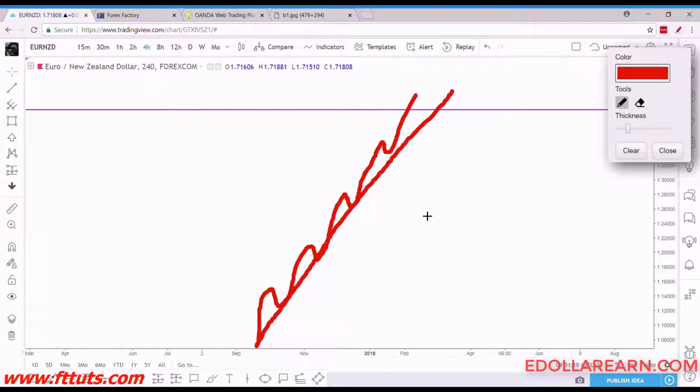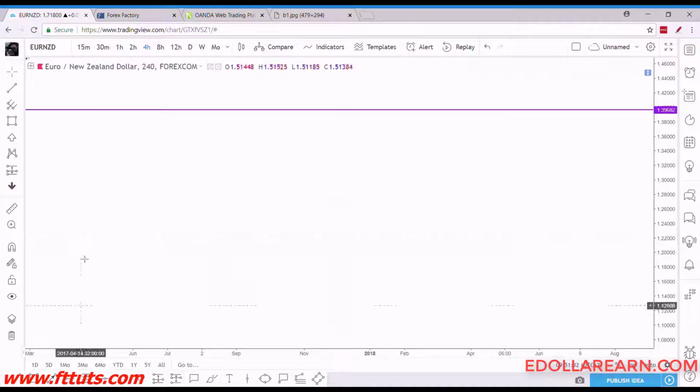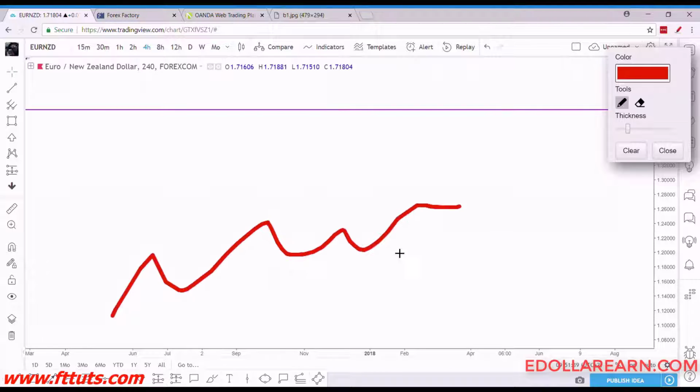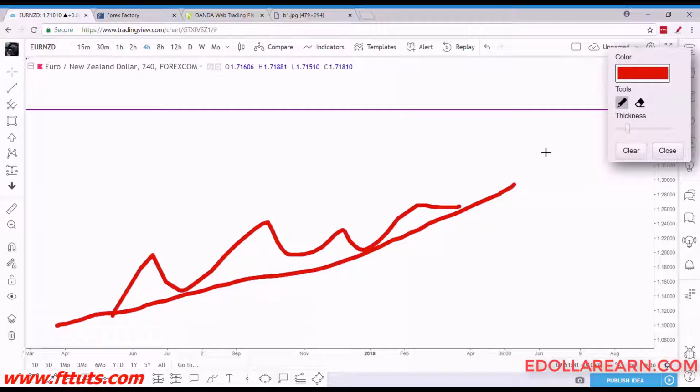Well, this one will be quite weak because the steeper the trend line you draw, the less reliable it's going to be, and the more likely it will actually break, maybe even to do this and continue. And the flatter the trend line, the more power it will have because it's more sustainable.